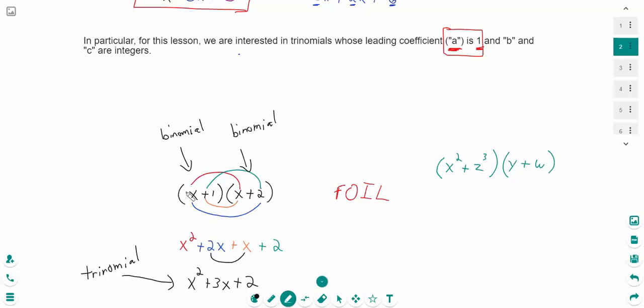That's factoring. That's all about factoring, and that's what we would call this. We would say factor this trinomial into two binomials. Okay? So how do we do it? How can we get from here to here? Well, let's talk about it.